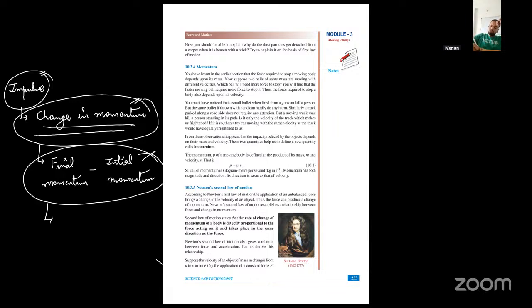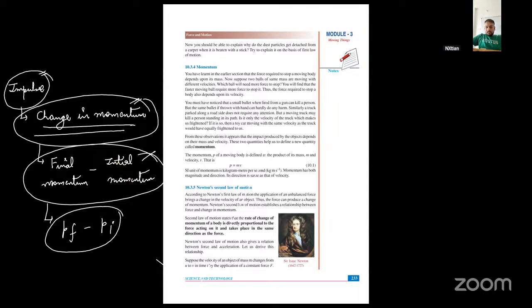Now, what is final momentum? Final momentum is Pf. And what is initial momentum? Initial momentum is Pi. See, guys, I am repeating again. Impulse is change in momentum. Change in momentum is basically final momentum minus initial momentum. Pf is denoted as final momentum and Pi is denoted as initial momentum. Did you understand, guys? Yes or no?